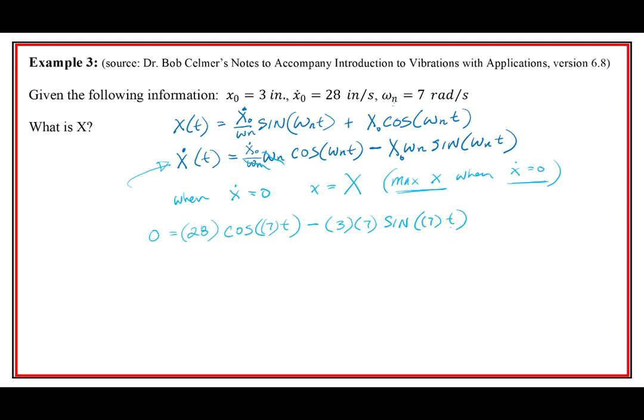We can rearrange this and use the fact that sine over cosine is a tangent.